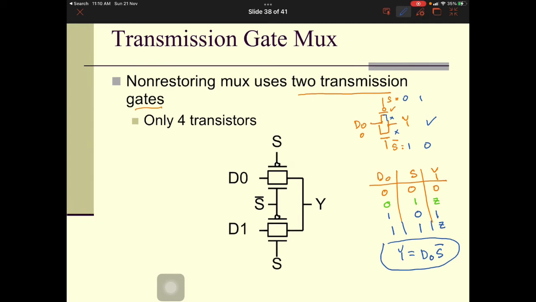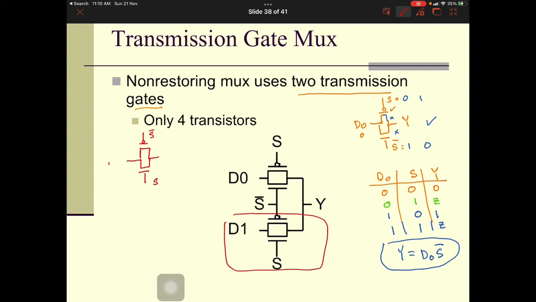Okay, let's look at the second part of the equation. The second part of the equation is given by the next part of the circuit, which is the next transmission gate. So if we test it over here, this is S bar, and the S bar is connected to the gate of the PMOS, and S is connected to the gate of the NMOS.